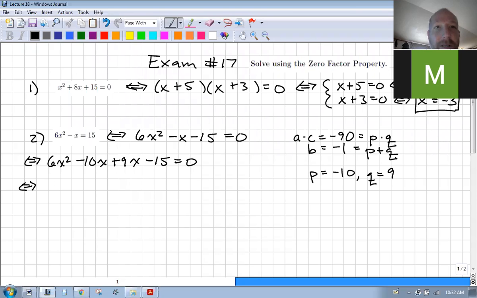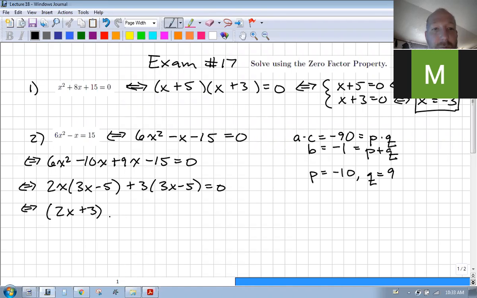So now out of here we can factor out 2x. Out of here we'll factor out a 3. So we have a 2x and a 3, both multiplied by a 3x plus 5.